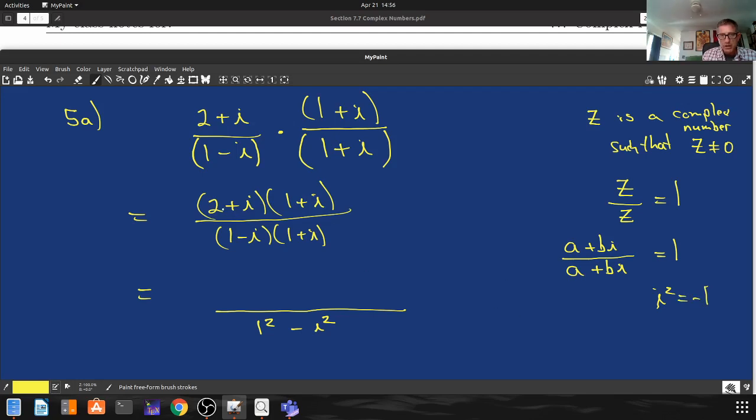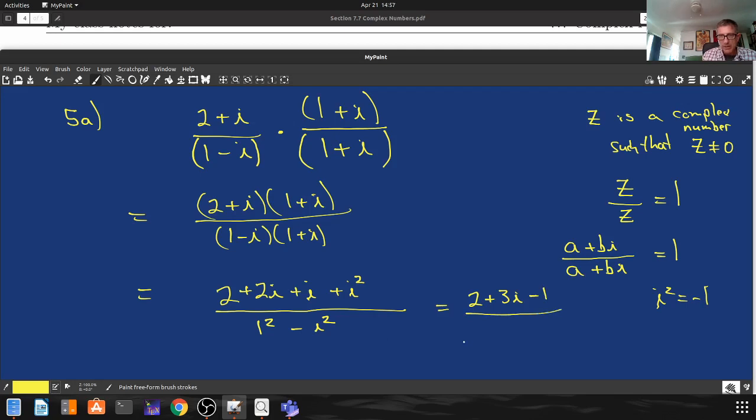And up here, I'm going to FOIL. 2 plus i times 1 plus i is 2 times 1 plus 2 times i, plus i times 1, which is plus i, and i times i, plus i squared. So that can be simplified. The numerator is 2 plus 3i, since 2i plus i is 3i, and i squared is minus 1.